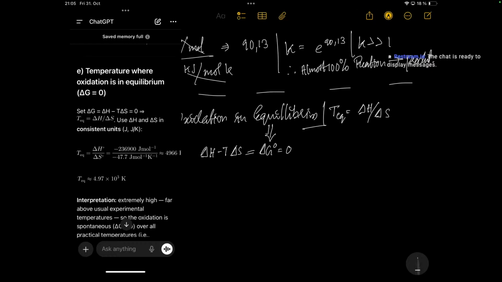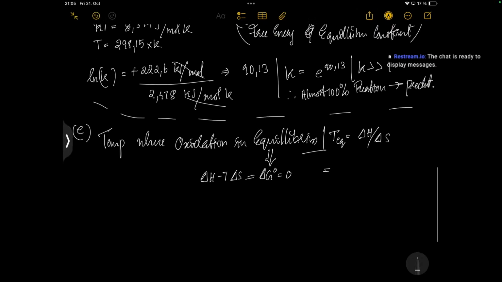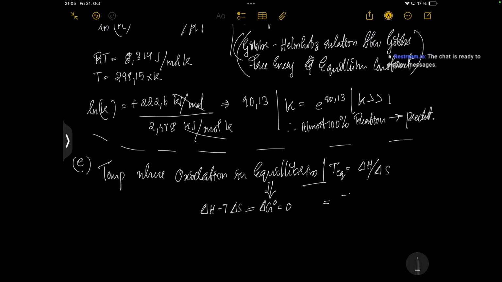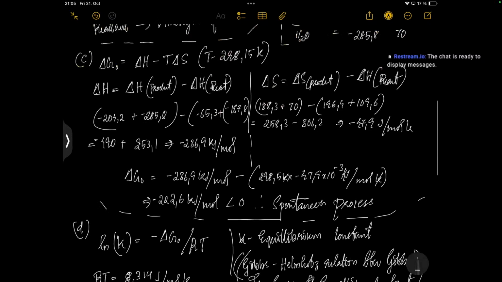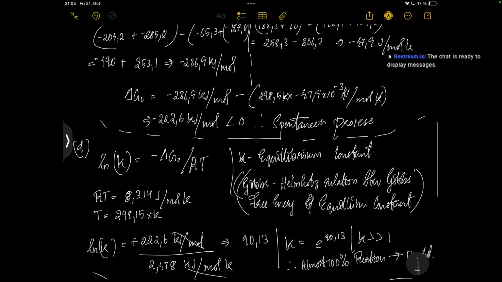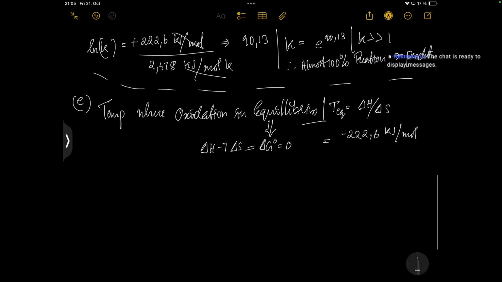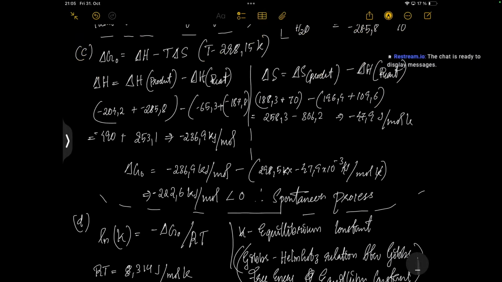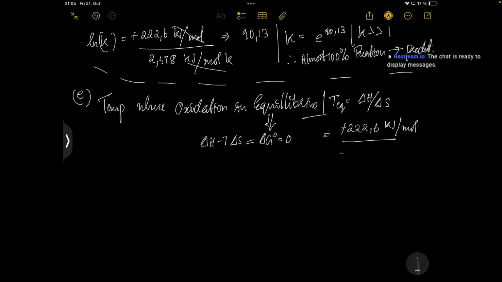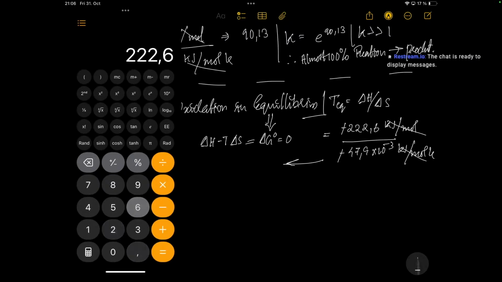Okay. 222.6. 47.9 times 10 to the minus 3 kilojoules per mole Kelvin.